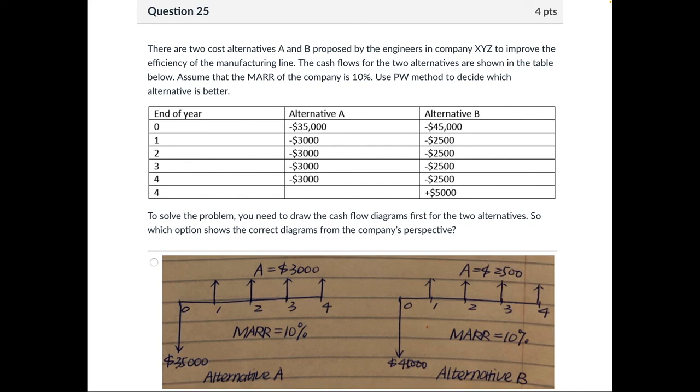And for year 1, year 2, year 3, and year 4, at the end of every year, you're gonna spend another 3,000.